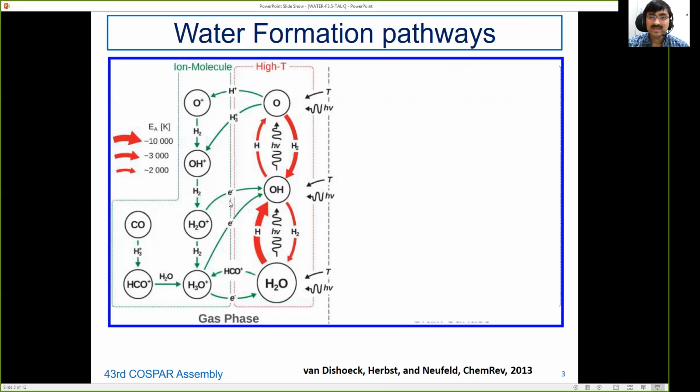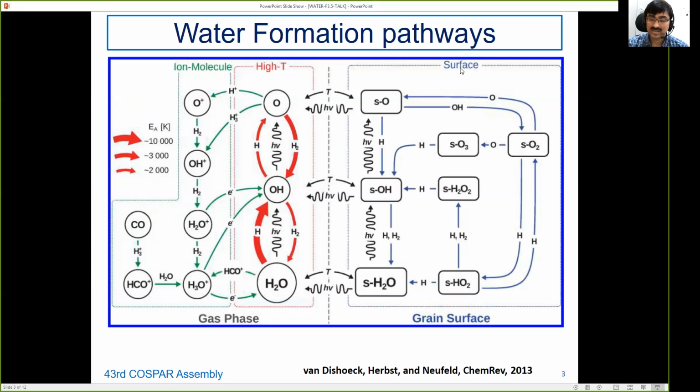Water is also efficiently formed on the surface of dust grains. On the surface of the dust grains, oxygen can be hydrogenated to form OH, and OH can form in a variety of different ways. Surface oxygen can react with another surface oxygen to form O2.